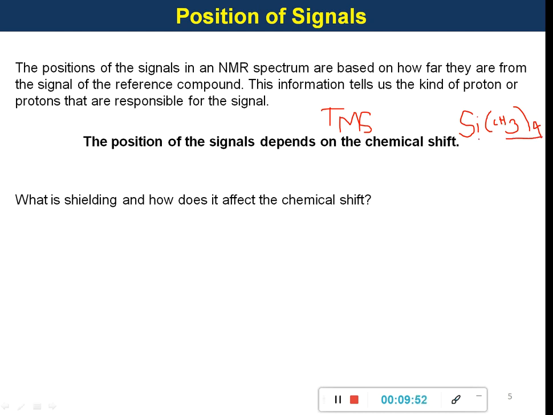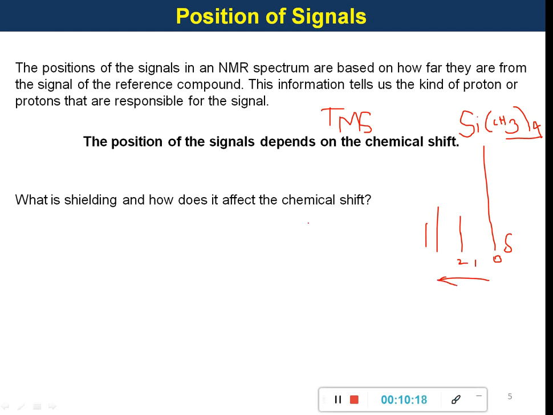And also it has 12 protons in it, 4 methyl groups, so 4 3s are 12 protons. So it gives a highly intense peak. So that can be a good reference for NMR, proton NMR spectral analysis.